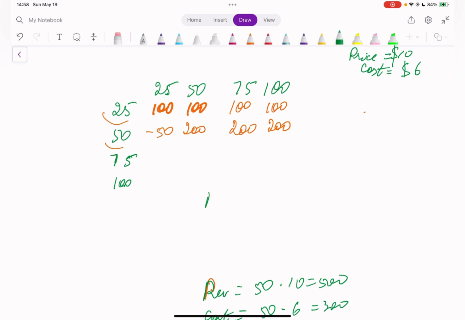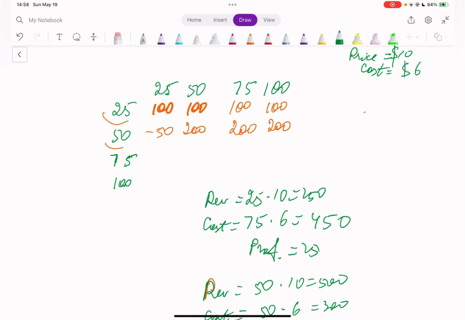Revenue is going to be 25 times 10, 250, and cost is going to be 75 times 6, because we have 75 at $6 a piece. It's going to be 450. So profit is going to be 250 minus 450. It's going to be negative 200, right?